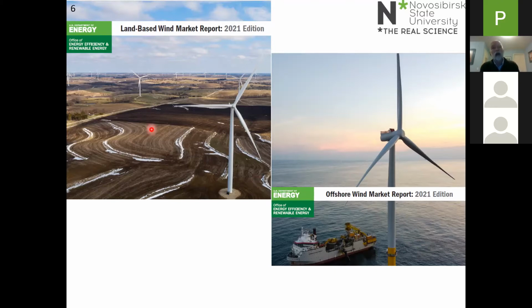Every year, the Department of Energy puts out a market report on wind, both for land-based and starting in 2021 for offshore wind, because offshore wind energy is starting to become an important part of the US electricity market.